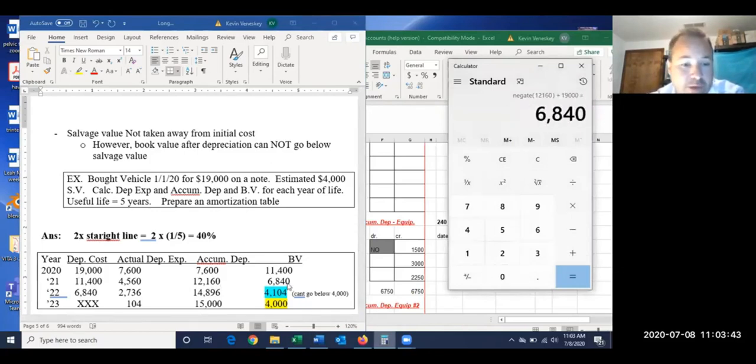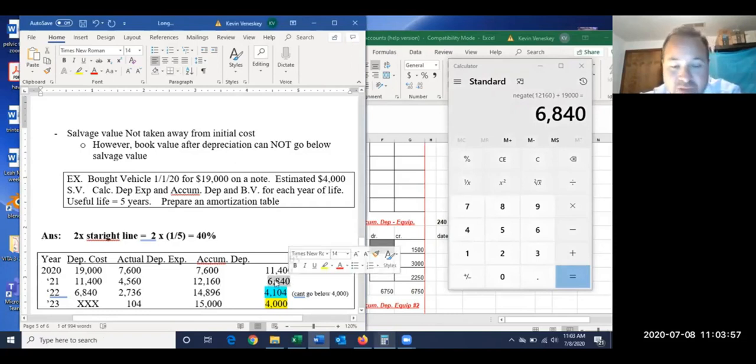That's 6840. Now this is where I got to start getting real careful to see if I'm going to hit my salvage value, because I cannot go below, book value wise, 4,000. So I know that if I take the difference between this and 4,000, that's 2840. My depreciation expense needs to be less than 2840. And when I do it, it's just barely less.